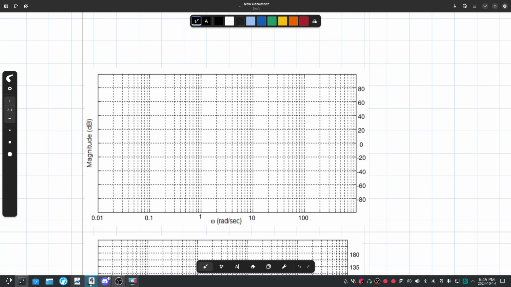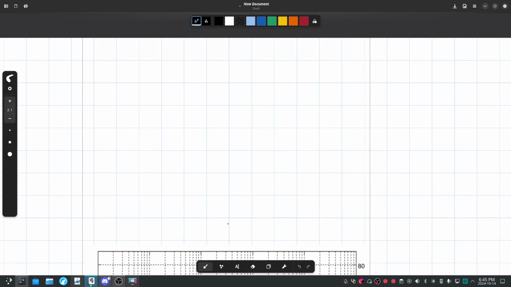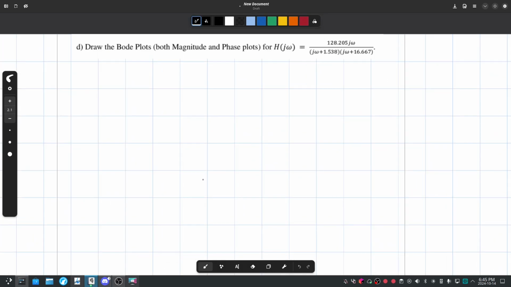And so we use semi-log graphs. I think they're called semi-log graphs. I'm not really sure why, to draw the Bode plots. Okay, so for Bode plots, you're going to get an equation such as this.